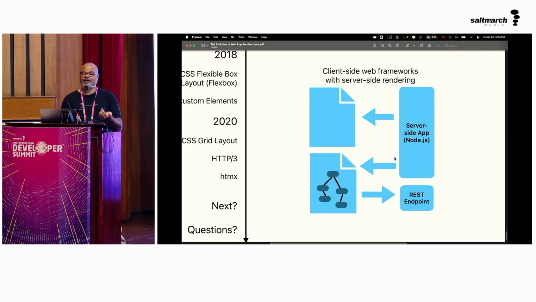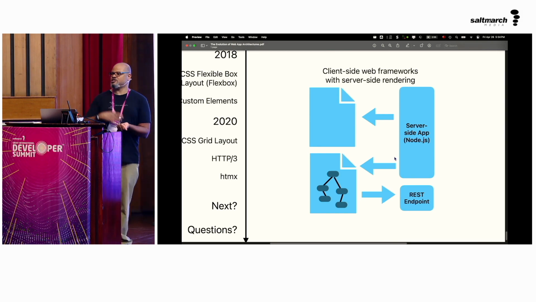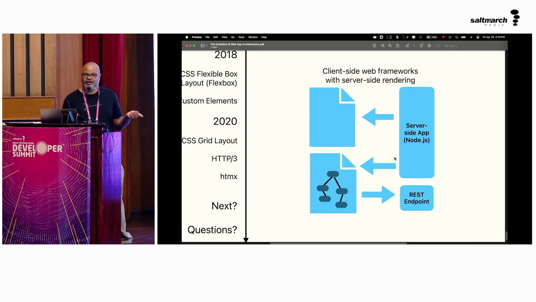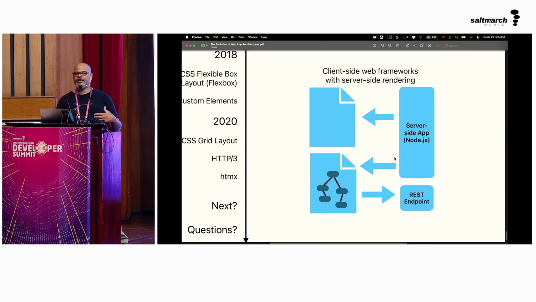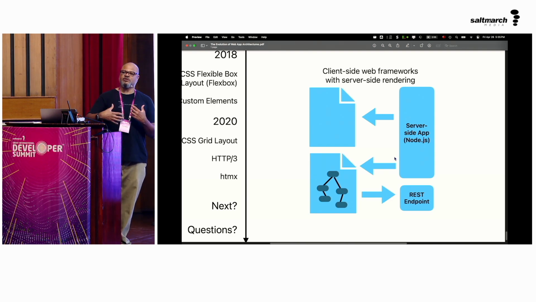In order to help with that, and also help with SEO, because obviously if you're shipping down a whole bunch of JavaScript before you do anything, it's not too SEO friendly, right? Server-side rendering basically says, all right, why don't we send you the HTML back and then we'll hydrate your UI components, and give them some functionality. So the initial rendering is done on the server, and then the JavaScript payload is sent incrementally to provide functionality, okay?